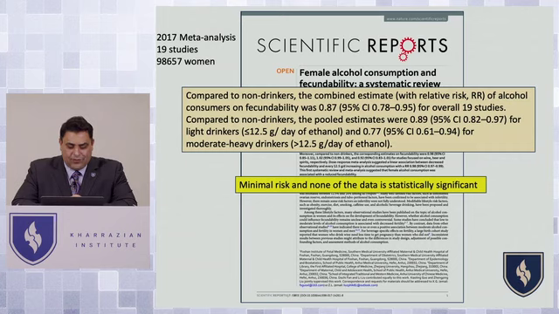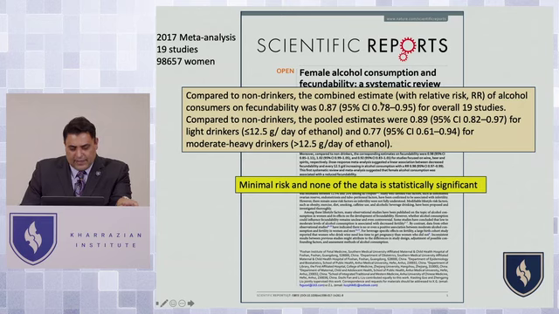That alcohol exposure didn't really increase the risk of infertility. So they go on to say, compared to non-drinkers, the combined estimate with relative risk ratio for consumers on fecundability was 0.87. But again, none of these are statistically significant. All of these were found with random chance. There's nothing that was significant.